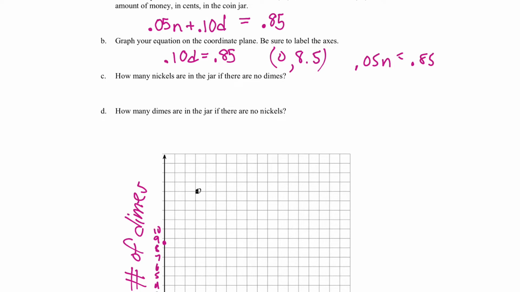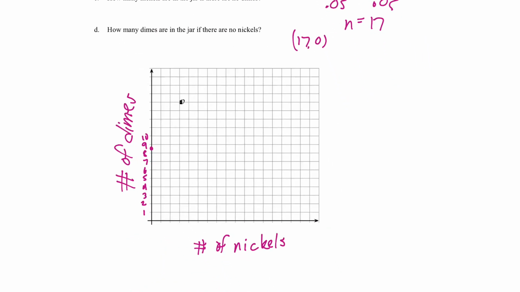And then we're going to divide both sides by 0.05. And we will end up with N equals 17. So if we have no dimes, we would have 17 nickels. So this will be 17, 0. That's another point that I can label.